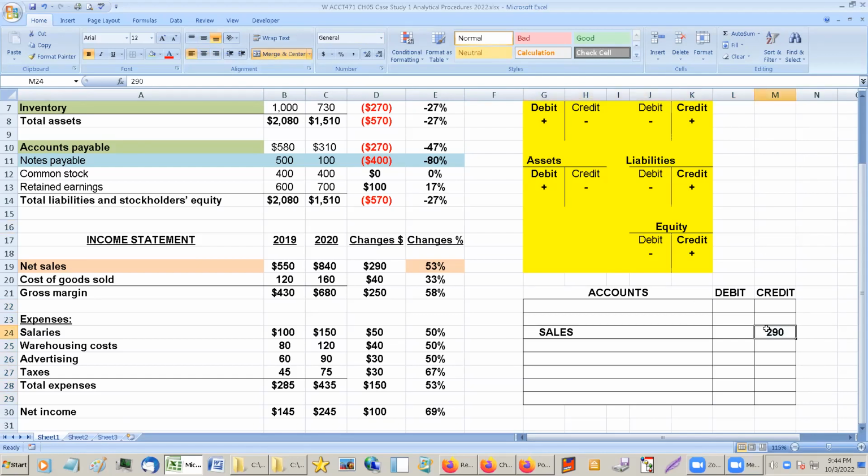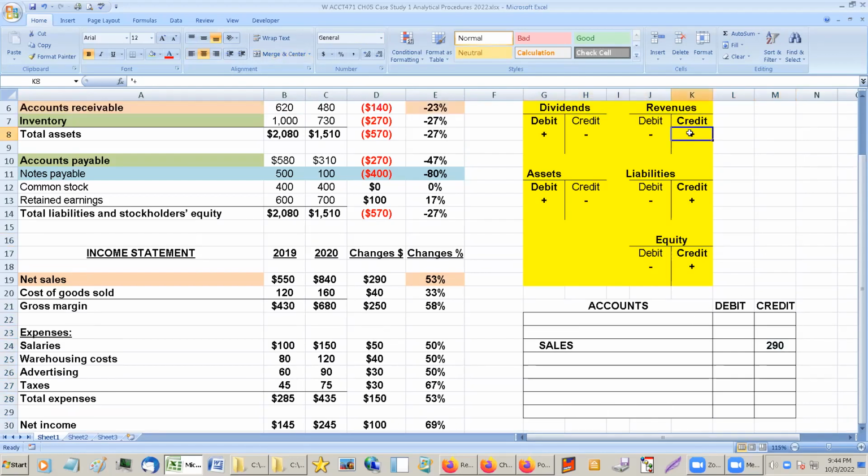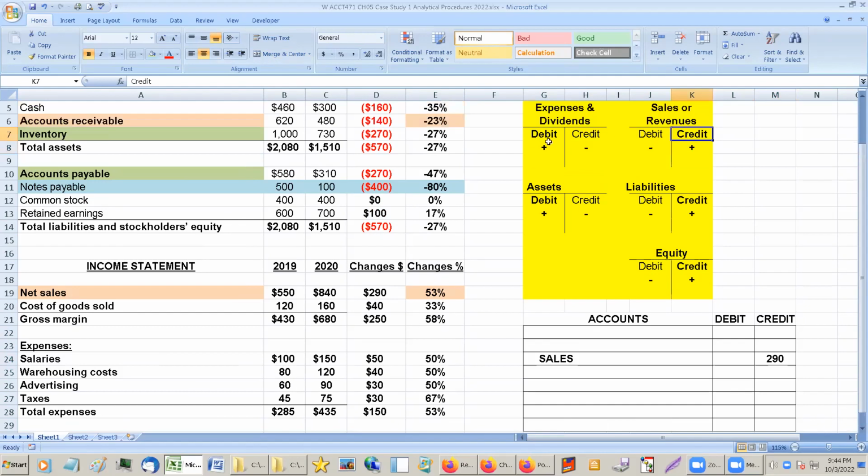Okay, so our sales would be our credit of 290. Now, if this was fictitious, something else would have to go on the other side. Now we know that it's probably not accounts receivable because they dropped. So accounts receivable dropped quite a bit.